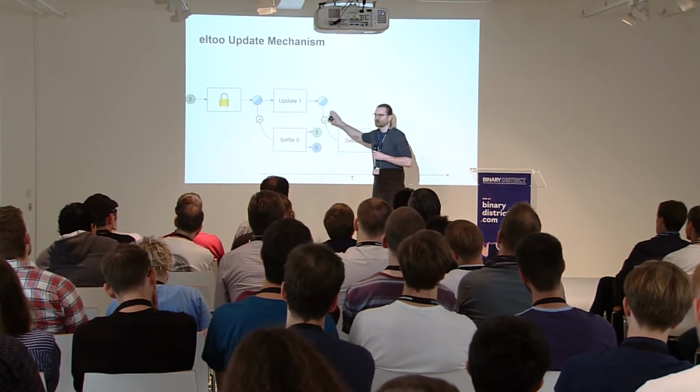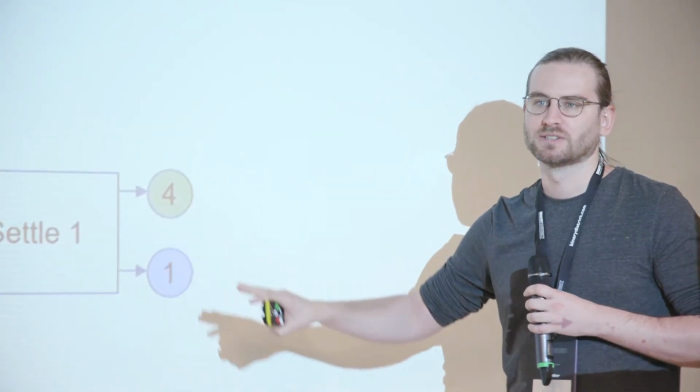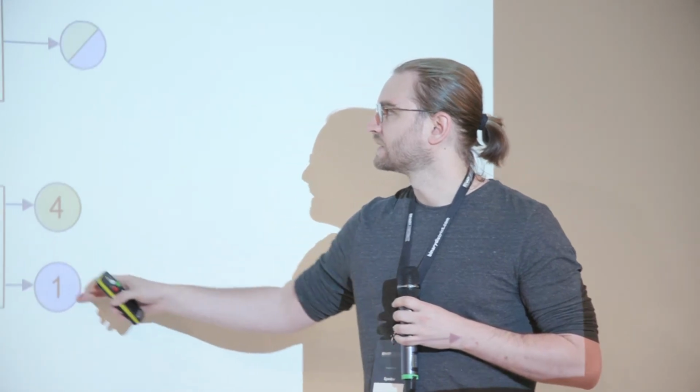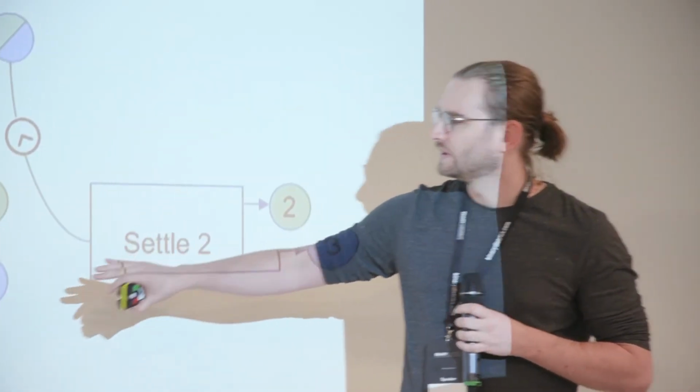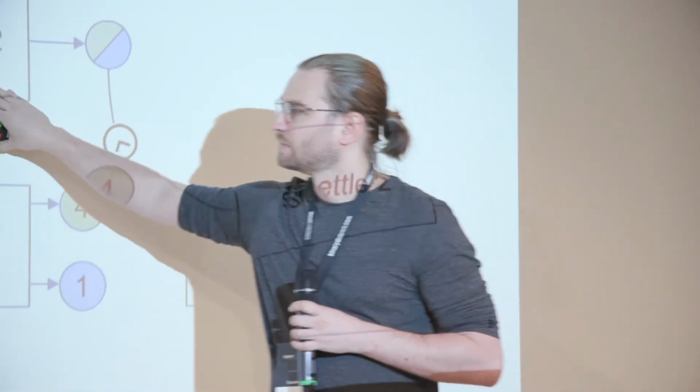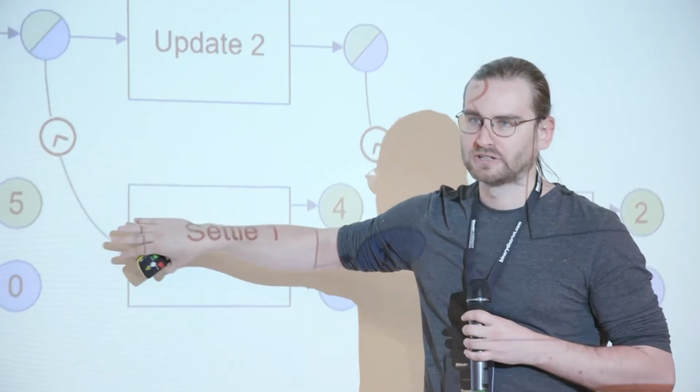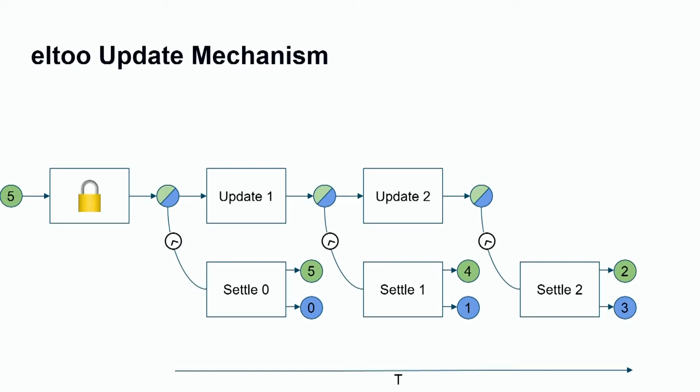This is all just by using the transaction structure on the Bitcoin blockchain. And if we want to do another update, we basically just do the same again. We invalidate this transaction by double spending it here. This can be done because this branch is only valid after a certain amount of time. We can always attach a new update. And we can do that quite a few times.